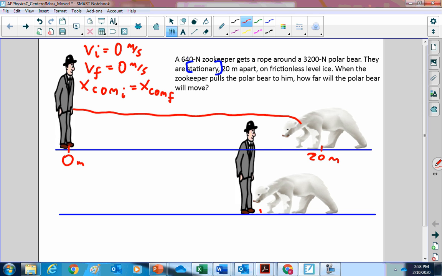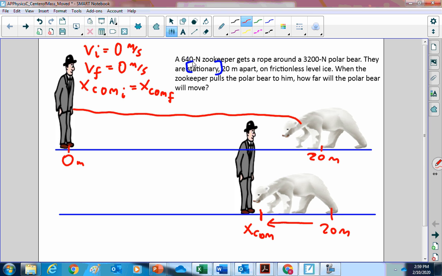So basically, here's the center of mass, and how far has the bear gone from 20 to that spot? All I need to know is the center of mass, because then I'll just subtract from that to get my answer. That's pretty easy because I know that the initial speed was 0, the final velocity of the center of mass is also going to be 0, and therefore the center of mass location has not changed.